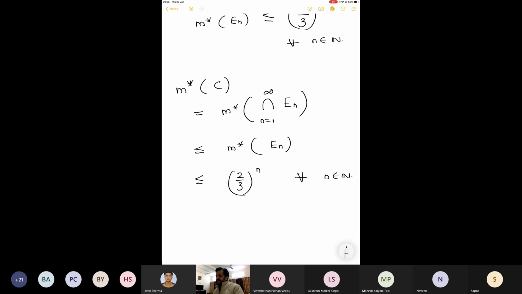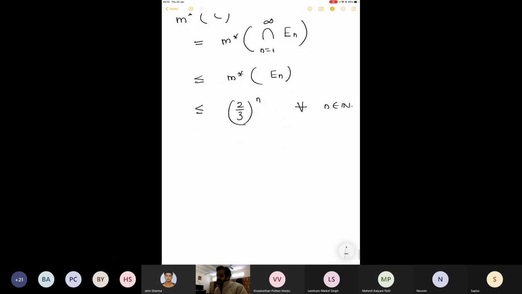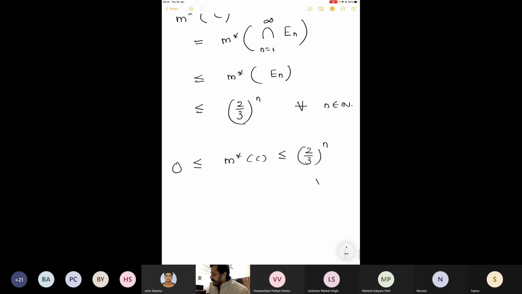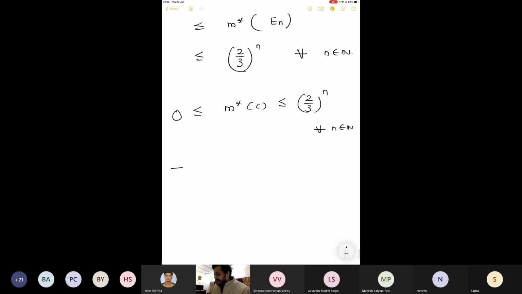So 0 is less than or equal to M star of C, which is less than or equal to 2 by 3 power n for all n. Now the sandwich theorem: 2 by 3 power n tends to 0 as n tends to infinity, and that will imply that M star of C is equal to 0.